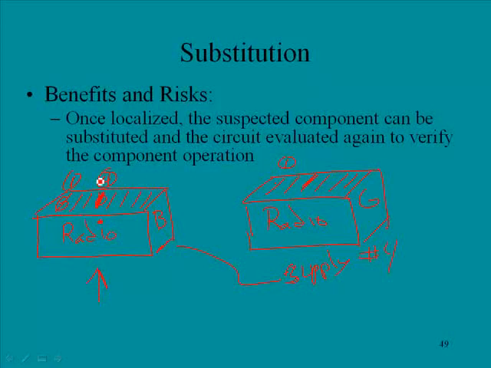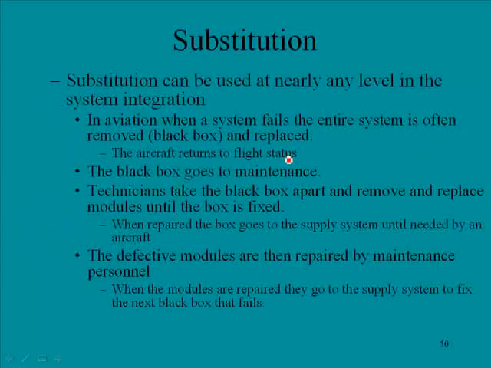This is the concept of troubleshooting by the method of substitution when you have a group of known good components. Substitution can be used at nearly any level in system integration.